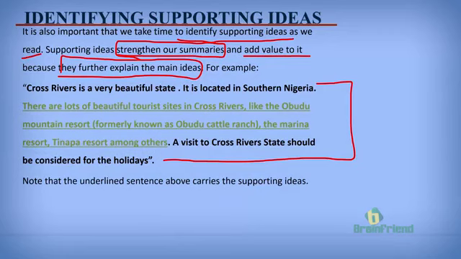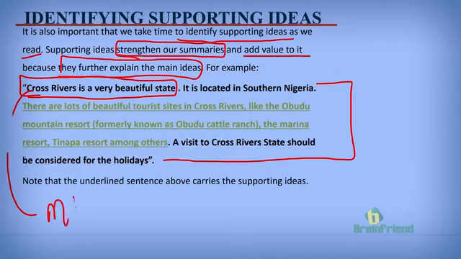From this paragraph, we can say that "Cross River is a very beautiful state" stands as the main idea, because every other thing in the paragraph simply tells us why Cross River State is a very beautiful state. They further explain why we have said that. So that is the main idea. That is the focus of the paragraph.